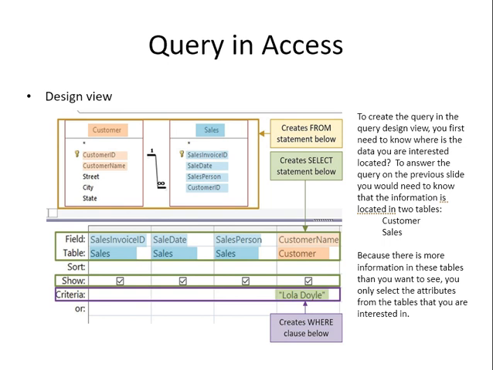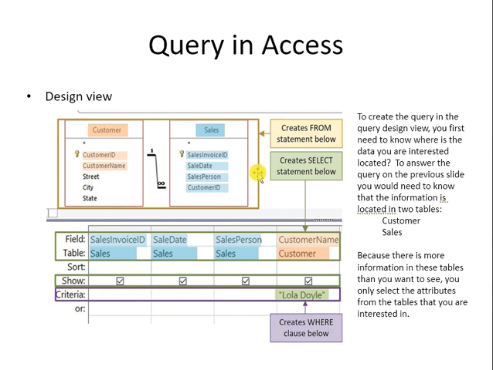In Microsoft Access, we have two ways to create queries. We have the design view, which is easier for beginners. To use design view, we first need to know which tables we're going to use.